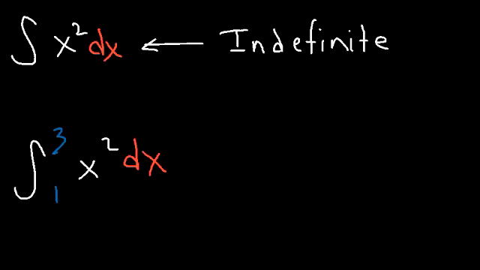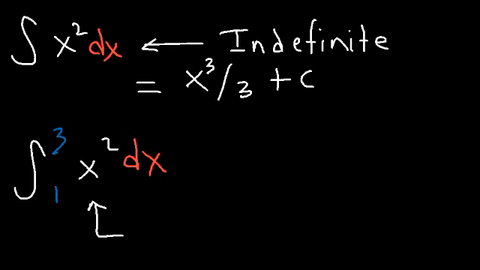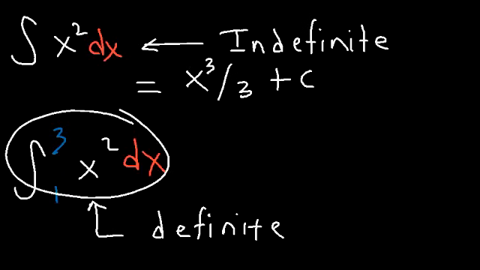It's going to give you an answer in terms of x. In this case, x cubed over 3 plus c. This expression is a definite integral. It's going to give you a definite value. In this case, a finite value or a numerical number. So it's not going to give you a function in terms of x. So how can we evaluate this particular definite integral?